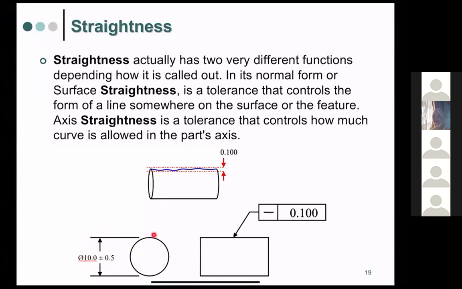As long as the diameter is 10 inch plus minus 0.5, that's fine, and it needs to have straightness, kelurusan, of 0.1.